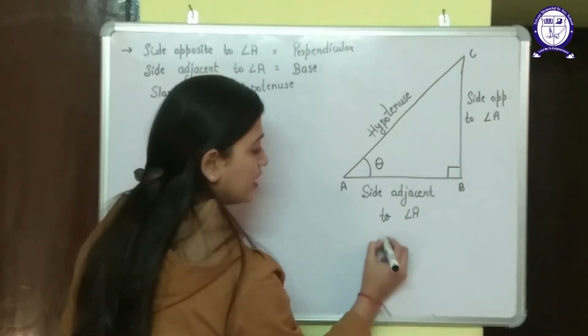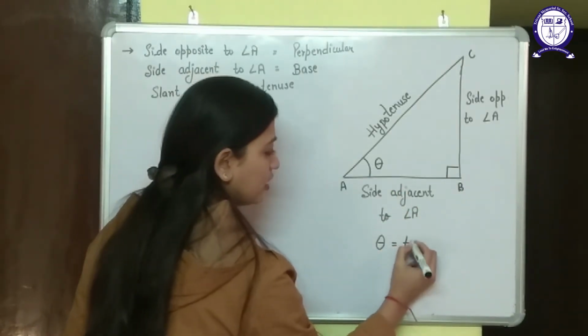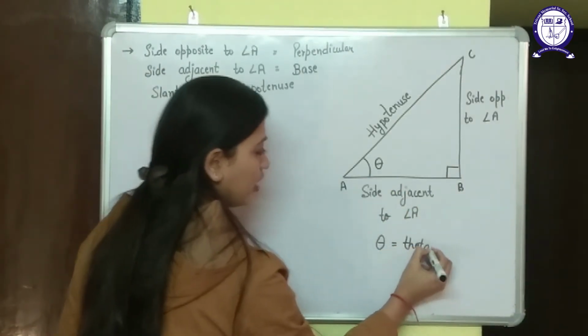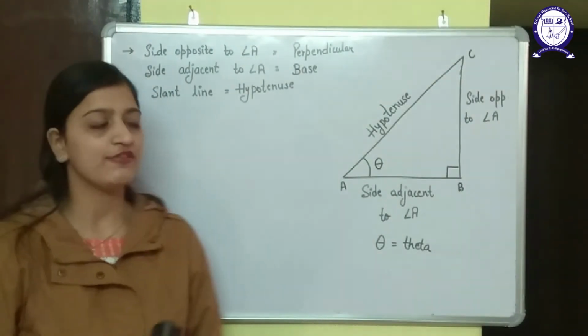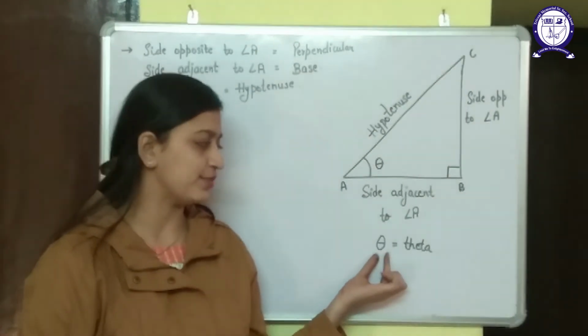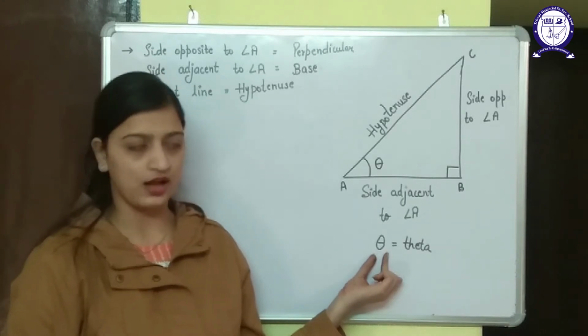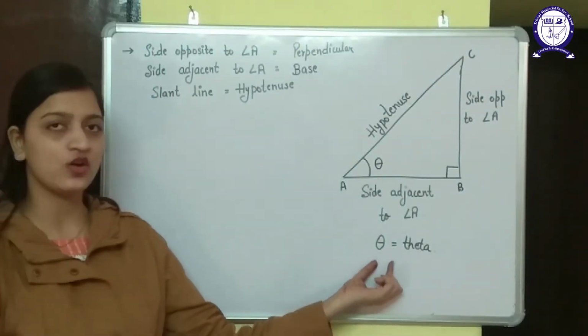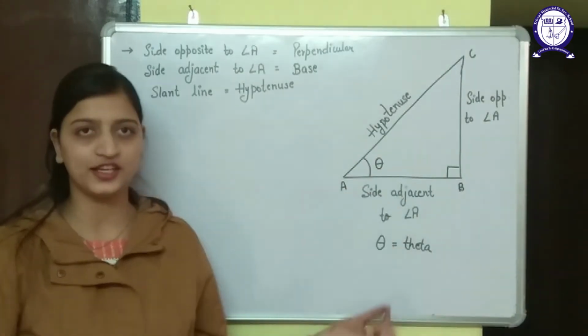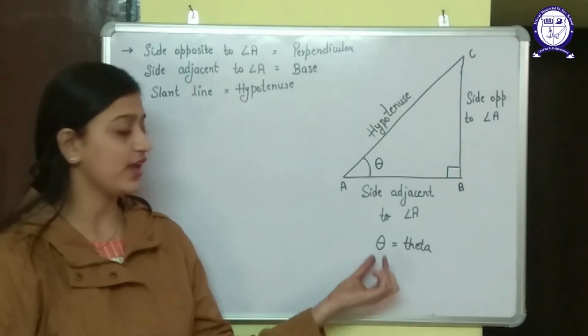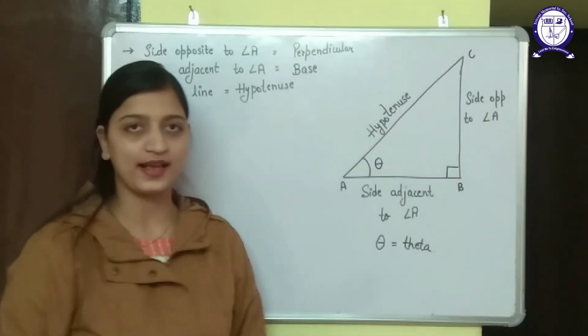This symbol is known as theta. Whenever we are going to represent an angle, we are going to write it with this symbol. This is called theta, and we can also call it angle A. So angle A is basically theta degrees in measurement.